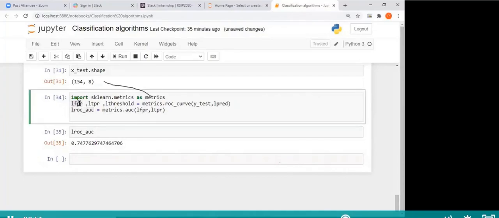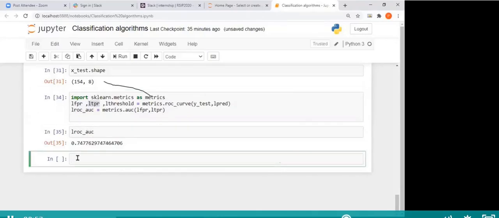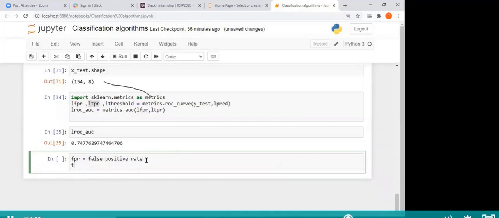So, what are this FPR and TPR? And what is this 74%? All right. So, FPR is equal to false positive rate. Just remember the abbreviations, guys. Tomorrow, anyhow, you will get to know about all these things. TPR is equal to true positive rate. You can also consider it as the rate of true predictions.